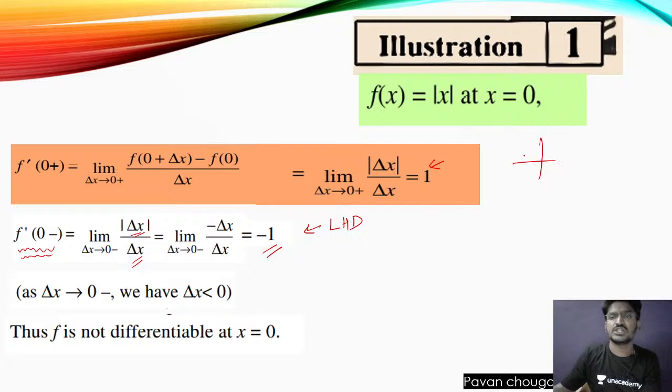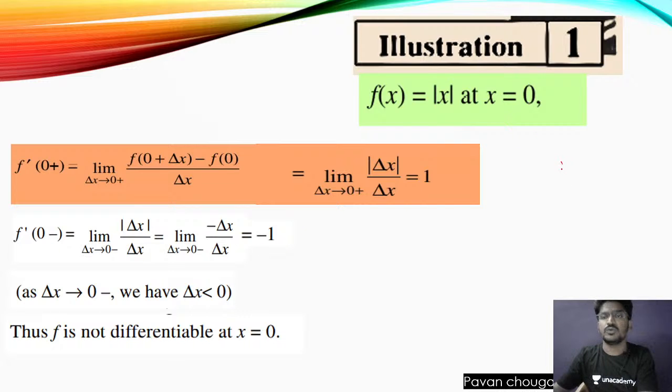Whenever you move towards the negative side, the mod x will be negative. So it is going to be minus delta x, because you can see here, as delta x tends to 0 minus, this particular term is on the negative side of 0.